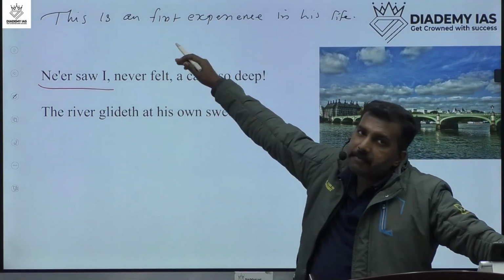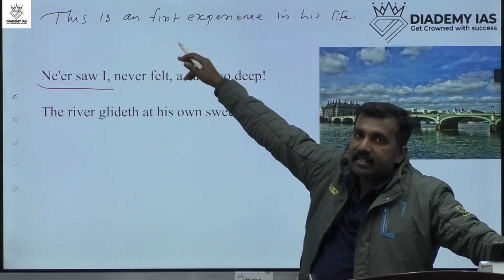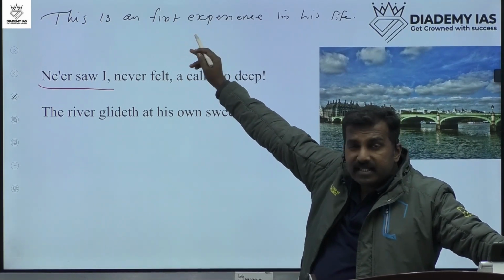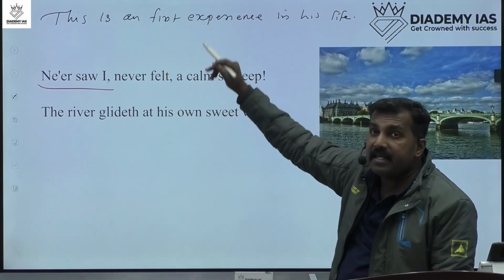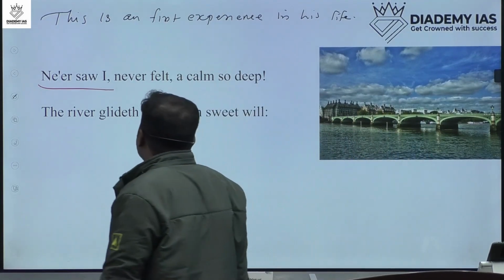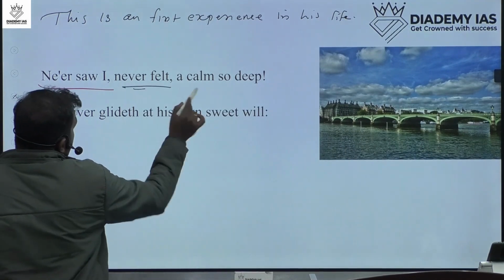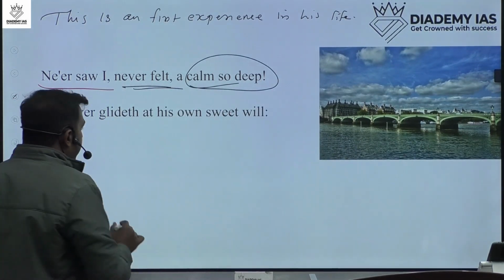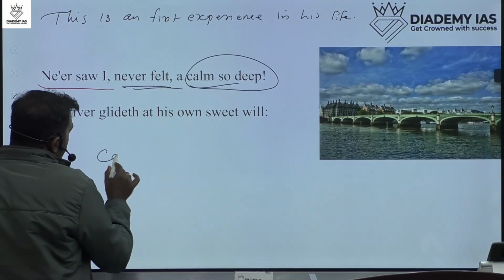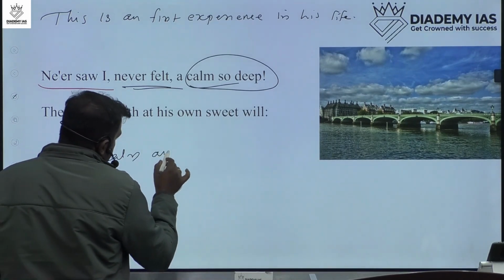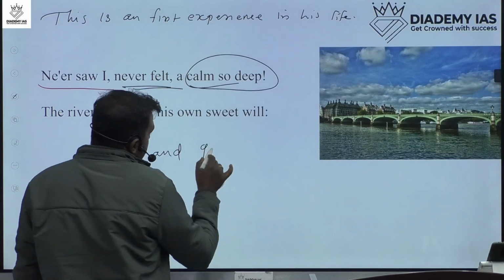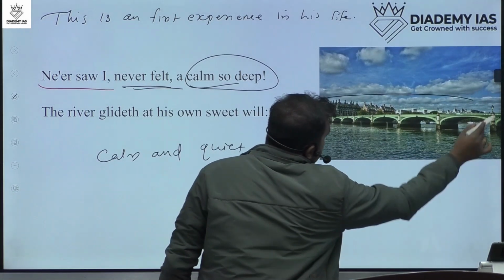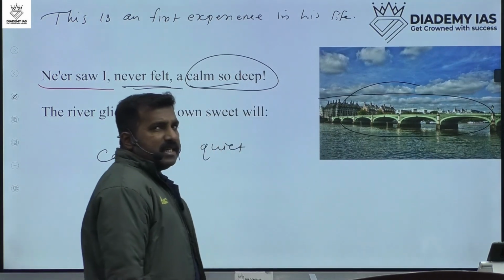And here in this poem, he says that this is the first time he experienced this type of beauty. And he never felt it. A calm so deep. It means that it is very calm and quiet. It means the city or the bridge is very calm.